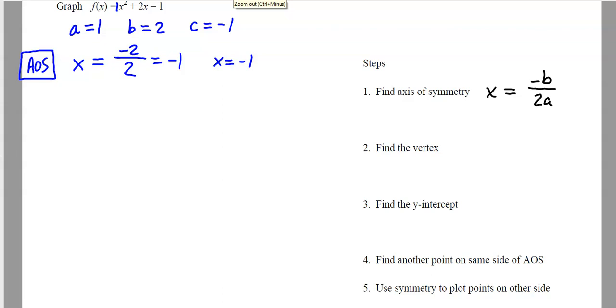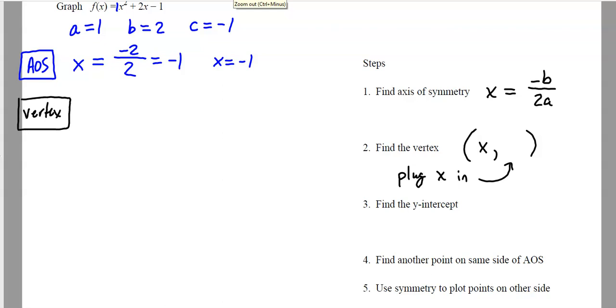And now we need to find the vertex. We just figured out what x is, now we just need to plug it in to figure out what y is. So we need to plug x into the equation to get our y. Remember, our y is that f of x value. To find the vertex, we know the x part is -1, and now we just have to figure out the y part.